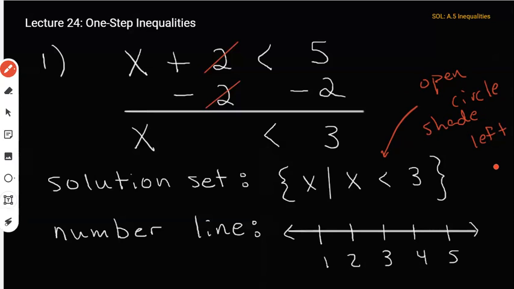You can kind of tell that I'm going to shade to the left because the inequality symbol is pointing to the left. I'm going to put an open circle on 3, just like this. And I'm going to shade to the left. And then I'm going to color the arrow.